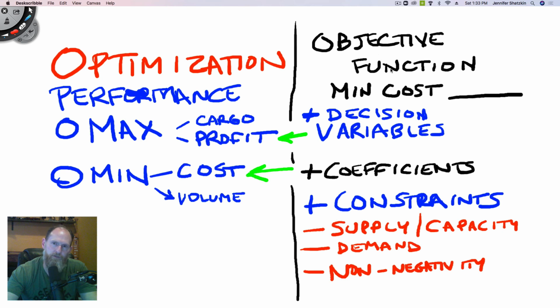We're going to define the objective function. We're going to identify our variables. We're going to identify our coefficients. And then finally identify our constraints. And we're going to do all those things in the next video before we go into Solver, which will happen in our third video.